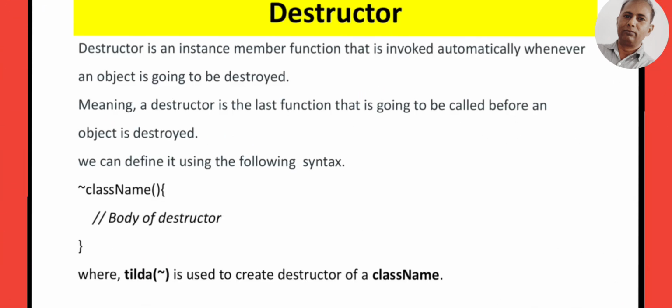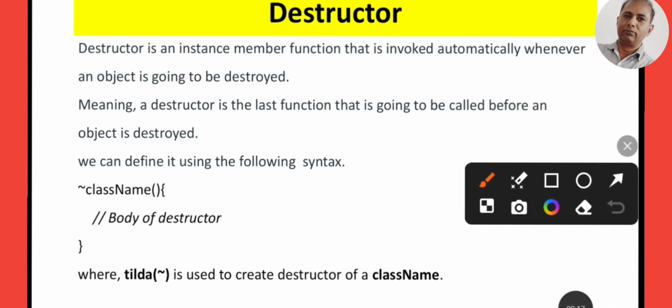If we talk about the destructor, destructor is an instance member function that is invoked automatically when our object is going to be destroyed. When we are going to destroy the object, then this destructor will be called. So what is the meaning of destructor? Destructor is the last function that is going to be called before the object is destroyed.